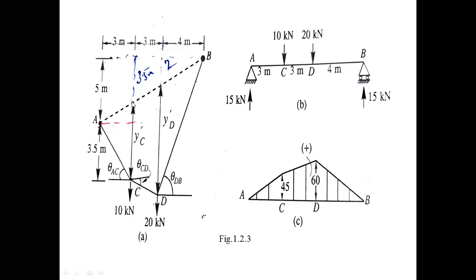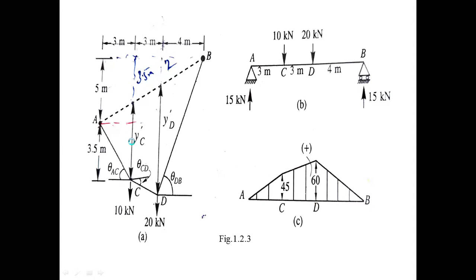YC dash is the vertical ordinate measured from the inclined line AB to the point C, and YD dash is measured from the inclined line AB to the point D. If you know YC dash and YD dash, then you can find the bending moment at these points, as in the case of simply supported, divided by y. Already this is also given in the formulas.